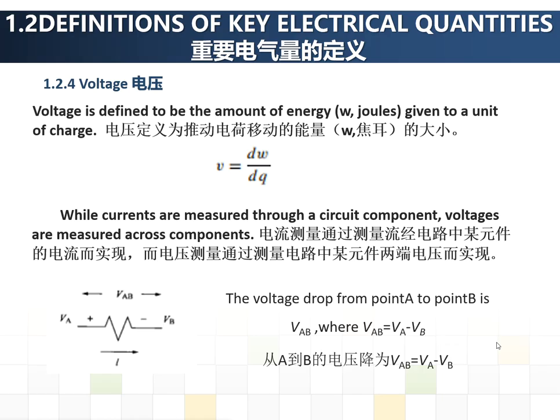Therefore, the voltage drop from point A to point B is described using VAB, where VAB is equal to the voltage at point A minus the voltage at point B. Therefore, VAB is equal to voltage VA minus VB.